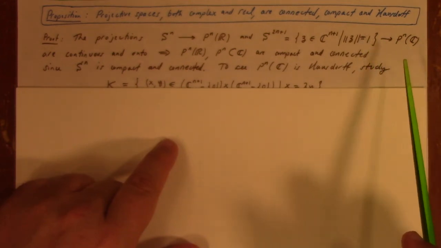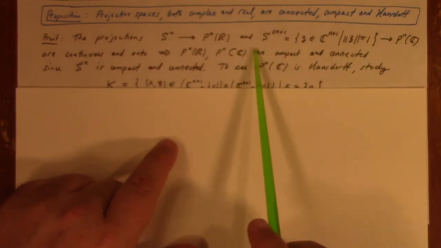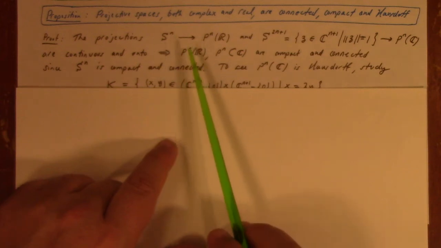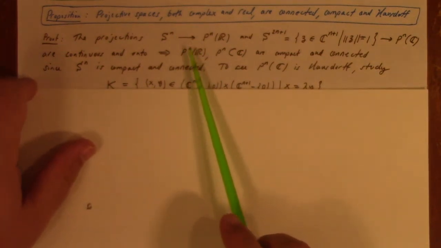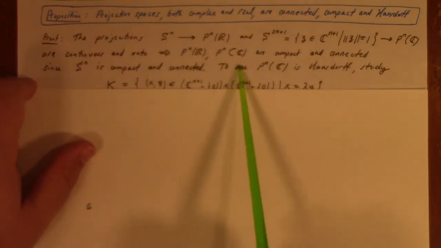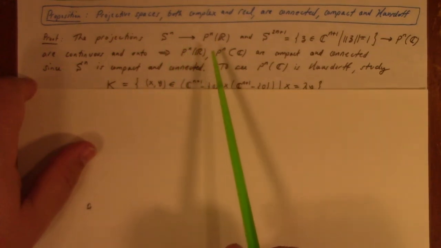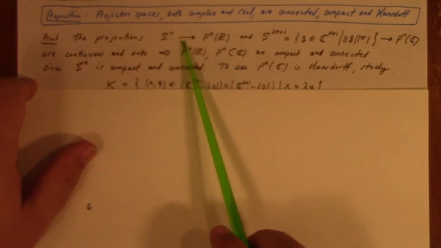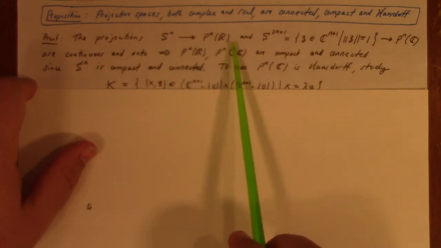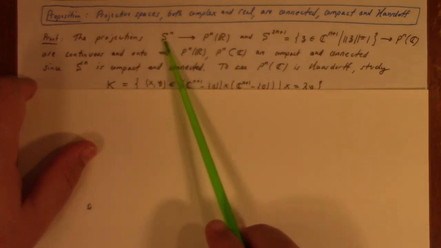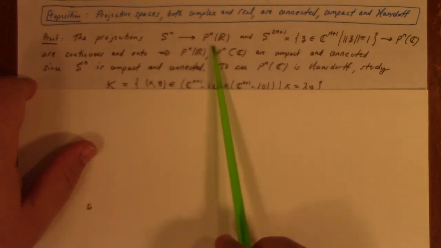All right. Anyway, so these projection maps, he doesn't tell us exactly how to define them. You can guess. They're continuous and onto. I think I know them. These are the antipodal map, right?